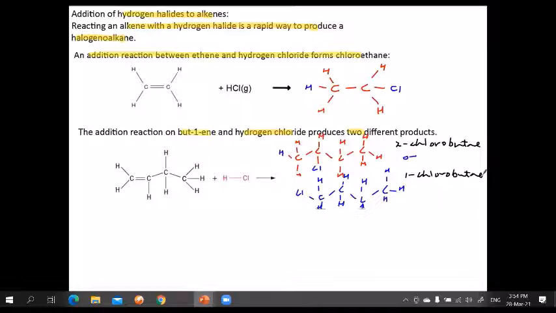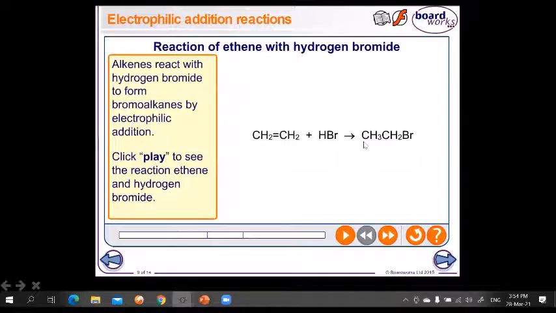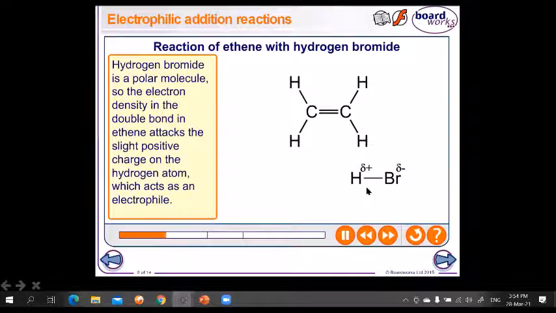Now let's see the animation for this in detail. Here we go. Let's look at the hydrogen halide HBr. Alkenes react with hydrogen bromide to form bromoalkanes by electrophilic addition again. Hydrogen bromide is a polar molecule, you see the slight polarity.